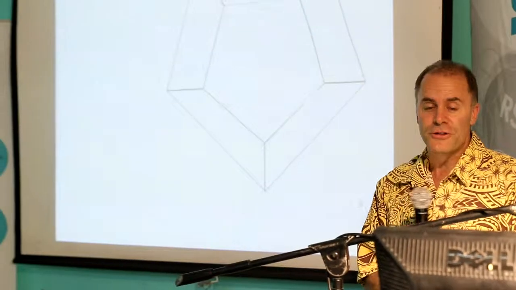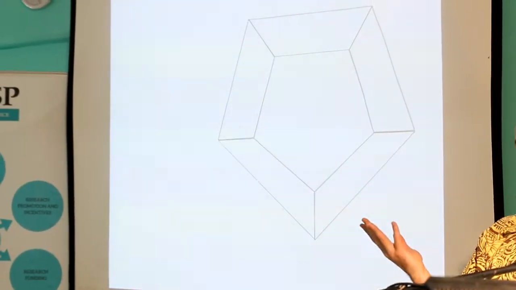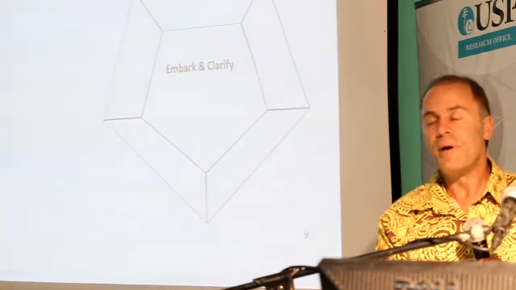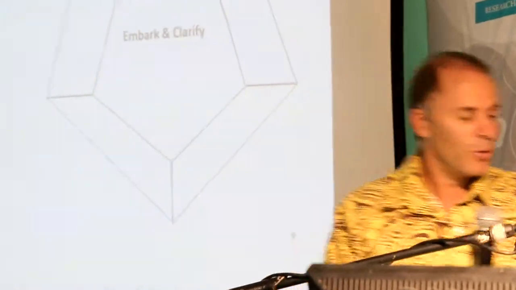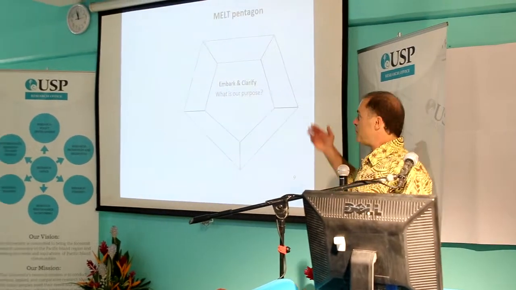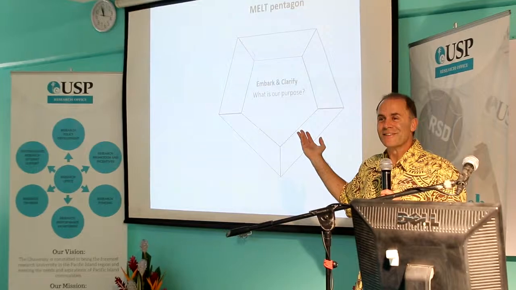So now I often introduce to the audience the MELT pentagon instead of calling it RSD, and it's the same. So embark and clarify, and I liked, this morning, was it Sarah Emma? Oh, yeah, it was Sarah Emma. She actually had specific questions pinned to each facet. Well, that's right, wasn't it?